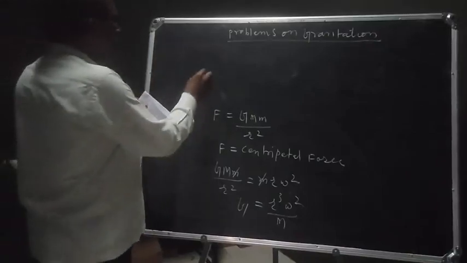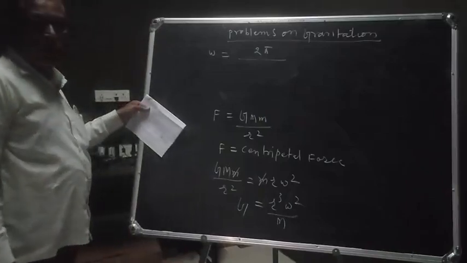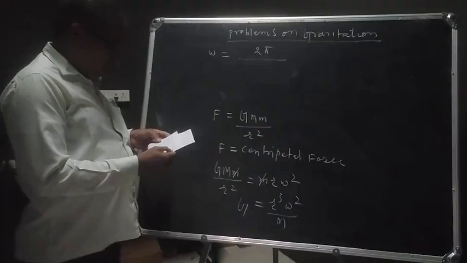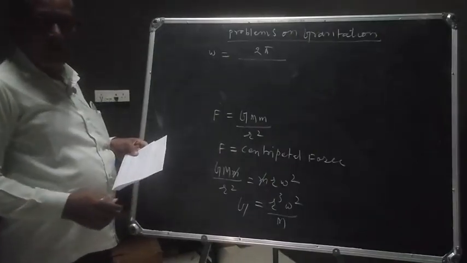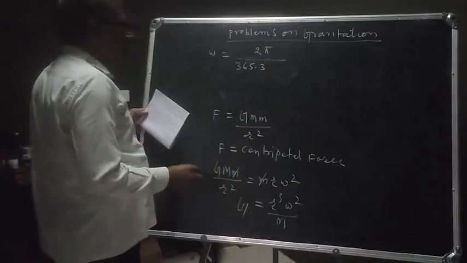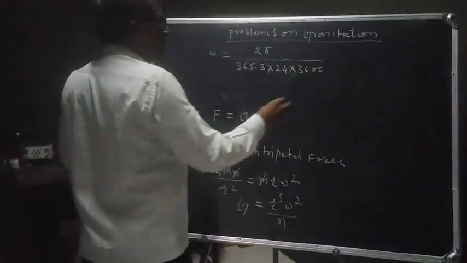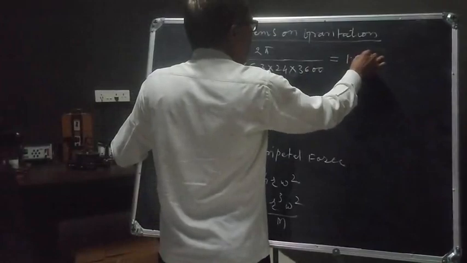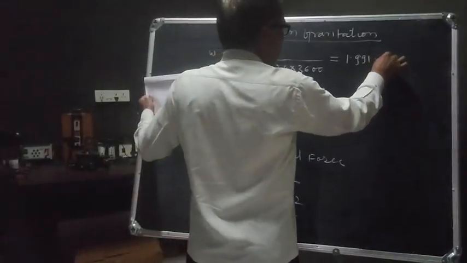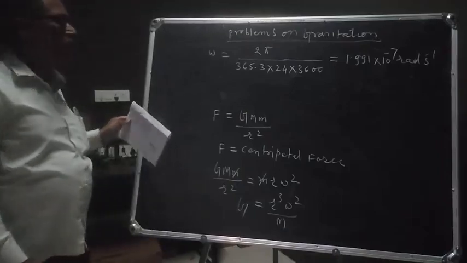For calculating omega, we write omega is equal to 2 pi upon T. In the previous problem, we had written 365 days, but here the time required to complete one revolution is 365.3 days into 24 into 3600, and if we solve this, it will come 1.991 into 10 raised to minus 7 radian per second. This is the value of omega.